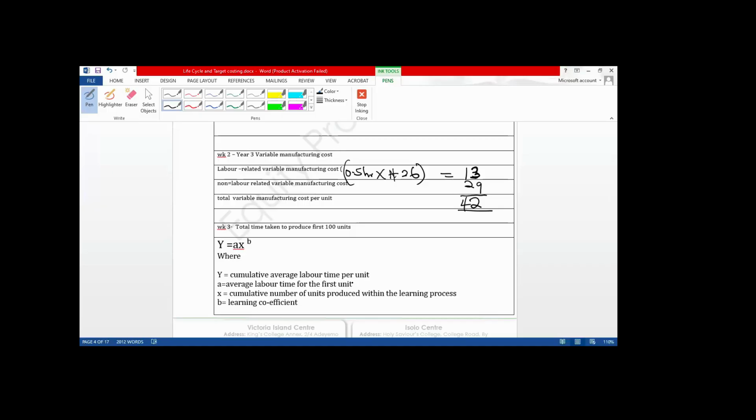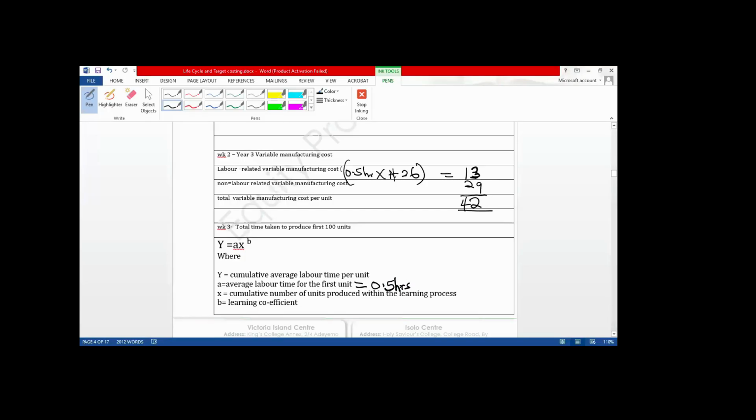A is the labor time for the first unit. For this question, the labor time for the first unit is 0.5 hours.